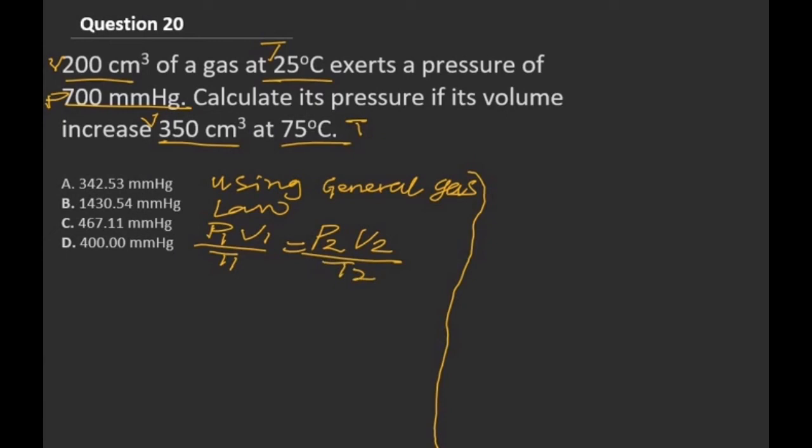Our P1, the first pressure from the question, is 700 millimeter mercury.